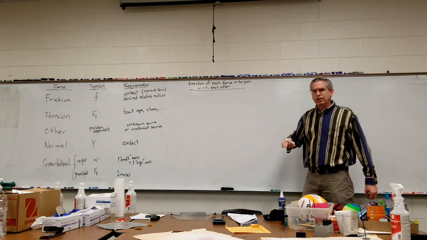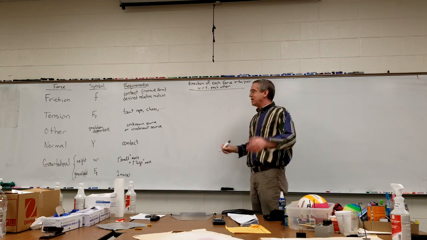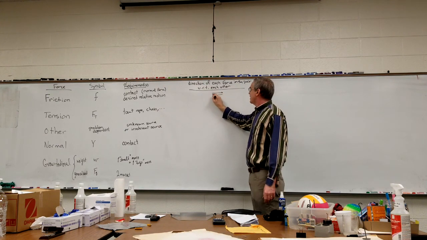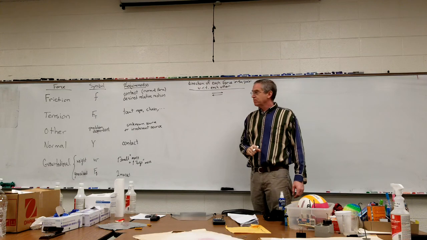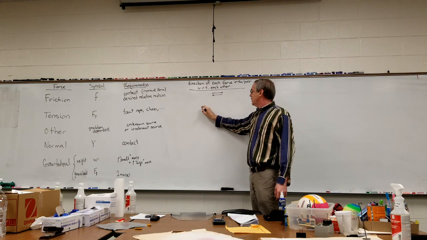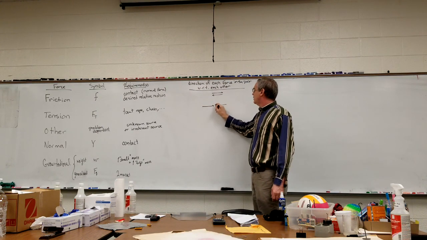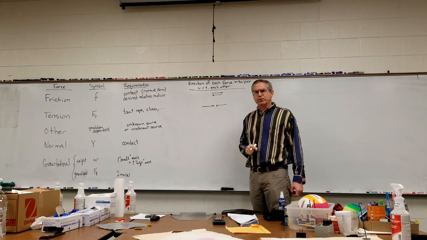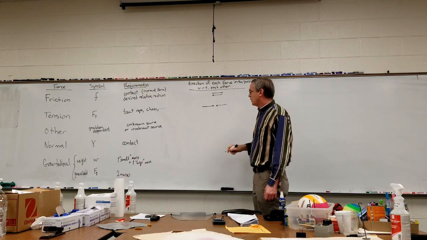So for friction, the two forces are going to be anti-parallel. So they'll sort of be side by side in opposite directions. For tension, it is a pulling force. And so the pair of forces will always be pointing towards each other.